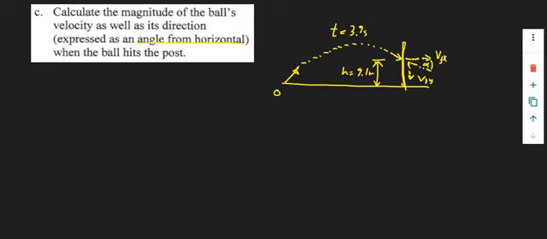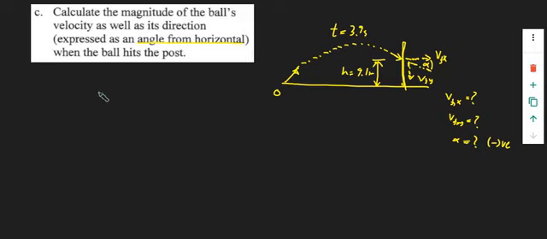What we are trying to do is find v final in the x direction, then v final in the y direction, and also this angle alpha that it makes with the horizontal direction. Since this is a depression, an angle below the horizontal, I expect a negative value for the angle alpha. So let's try to do this.